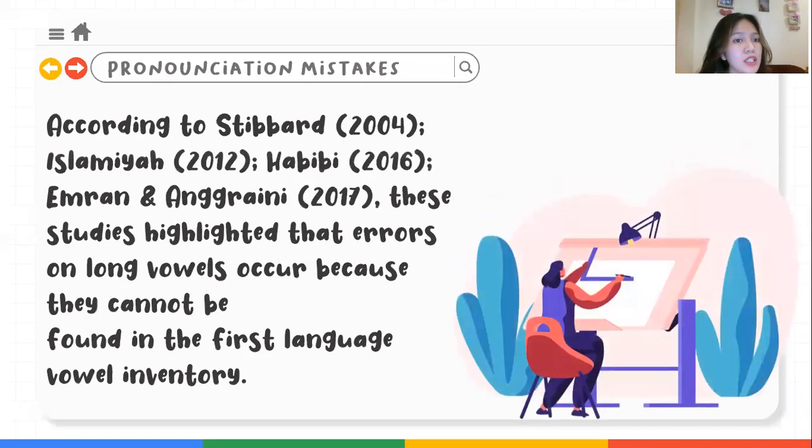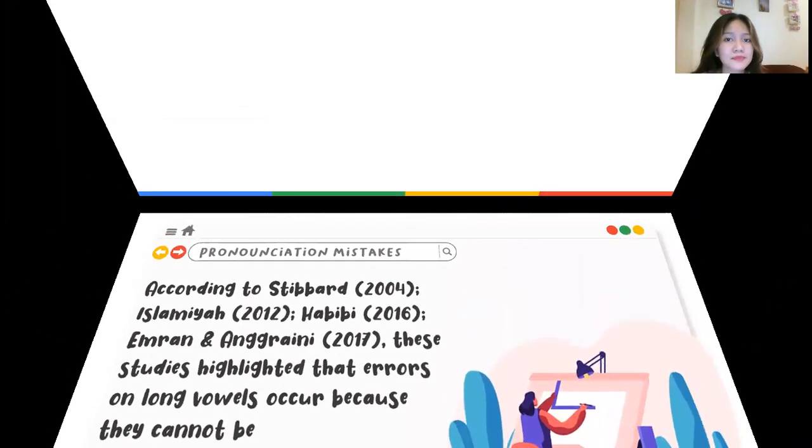Now, according to Stibar 2004, Islamia 2012, Habibi 2016, Emran and Anggraini 2017, these studies highlighted that errors on long vowels occur because they cannot be found in the first language vowel inventory.